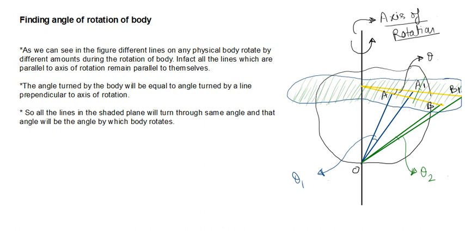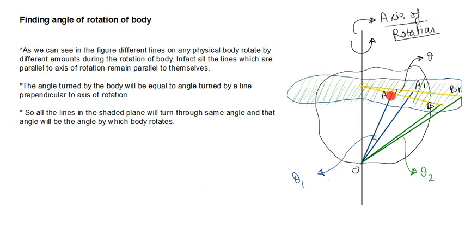Okay, so what I'm trying to explain here is that I cannot choose any arbitrary line and find out the angle by which the body is rotating by finding the angle by which this line gets rotated. So the angle turned by the body will be equal to the angle turned by a line perpendicular to the axis of rotation.